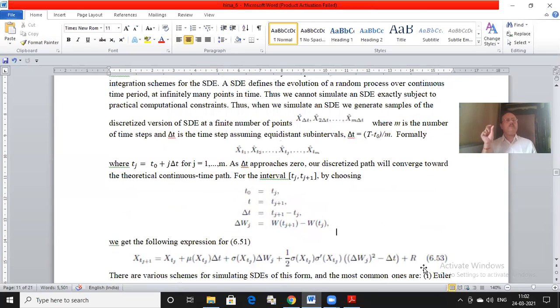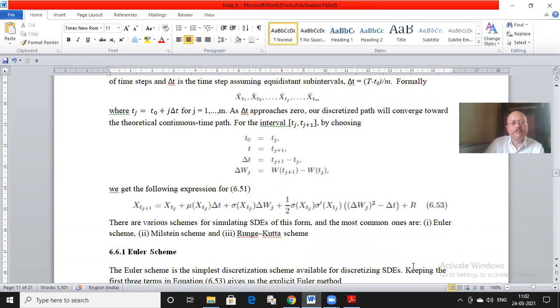So for one of the pieces in the whole interval, 6.53 is my approximation. And this is the approximation that we are going to use.